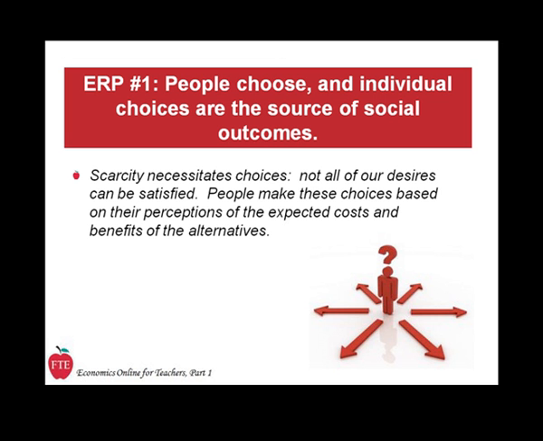Proposition 1 reminds us emphatically that economics is a social science, sharing with disciplines like psychology, sociology, history, and political science the goal of understanding people and the choices they make. Now, note that Proposition 1 focuses on choice, the necessity that arises from scarcity rather than on the condition of scarcity itself, and it focuses on how we choose.